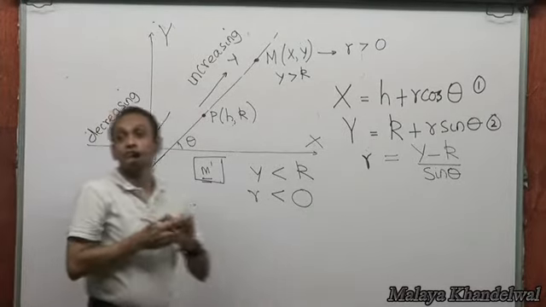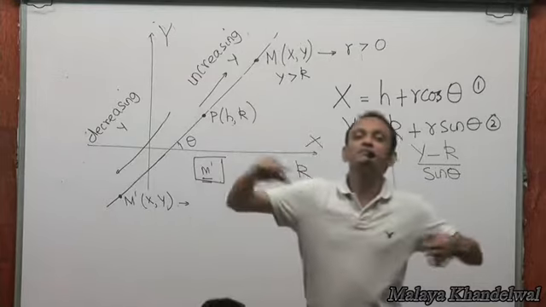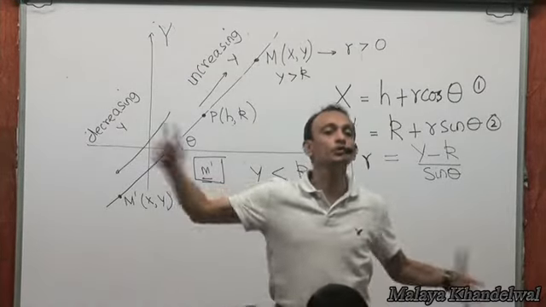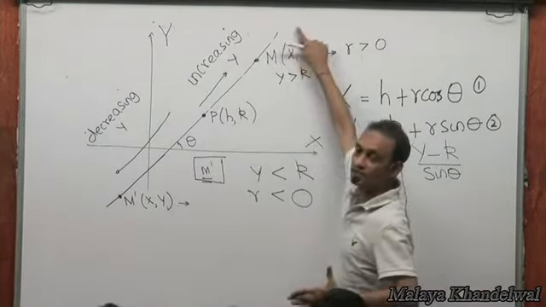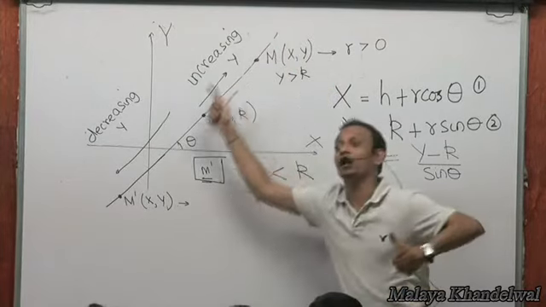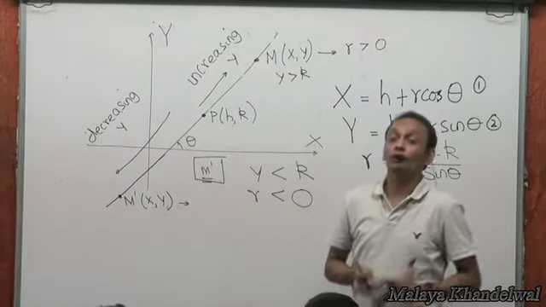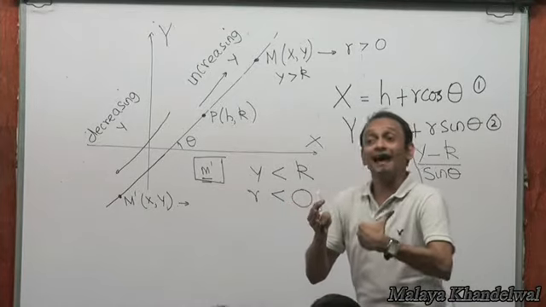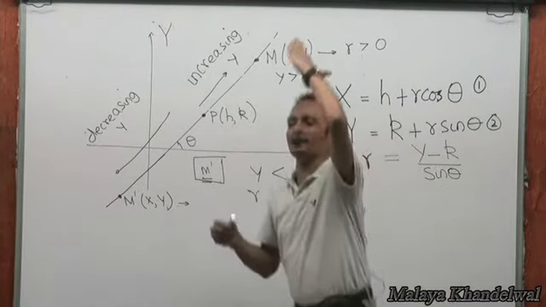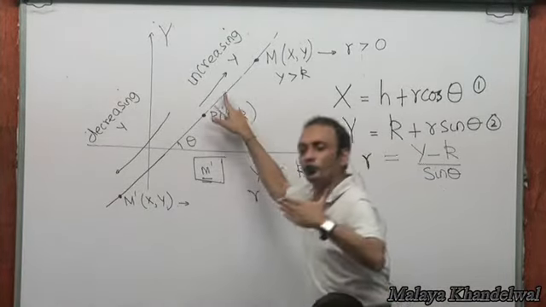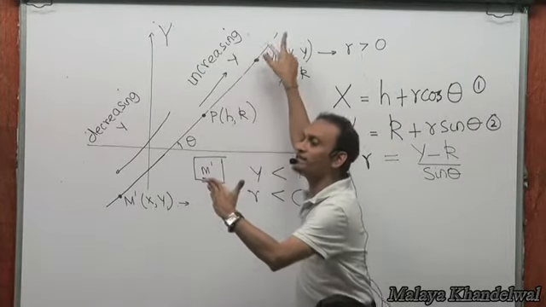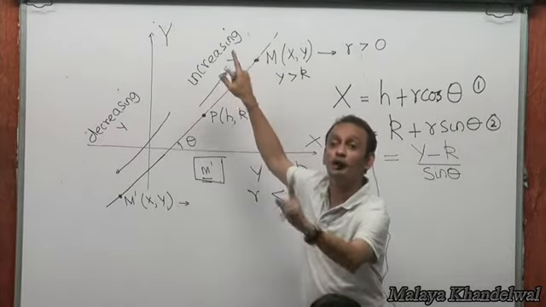That means the point P fragments the line into two portions. One side of P on the line, the other side of P on the line. For the points that lie in the direction of increasing Y's with respect to P, the R for such points will be positive.